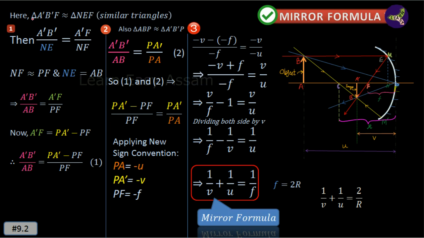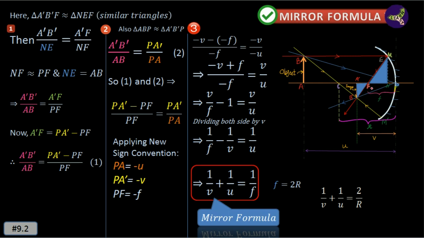Here you see triangle A dash B dash F is similar to triangle NEF. In this diagram this is A dash, this is B dash, and this is F. So this small triangle is similar to the triangle NEF, where N is this, E is this, and F is this. They are similar.